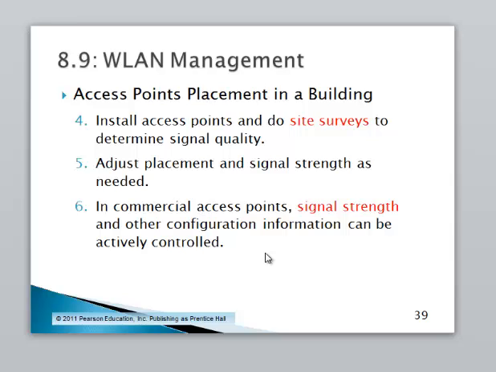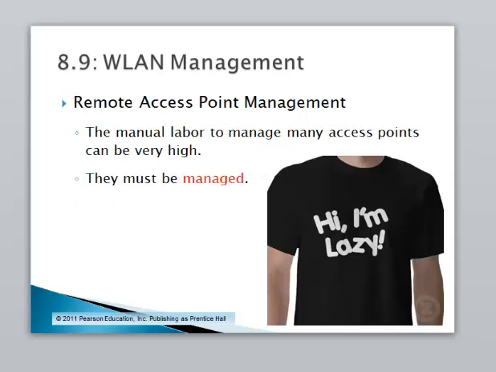You're paying a couple hundred dollars more to have that level of management. So this is what enables you, if you don't want to blast signal out into your parking lot or across the street, to dial back the signal on those edge access points that are at the edge of your building. So that's a good idea.